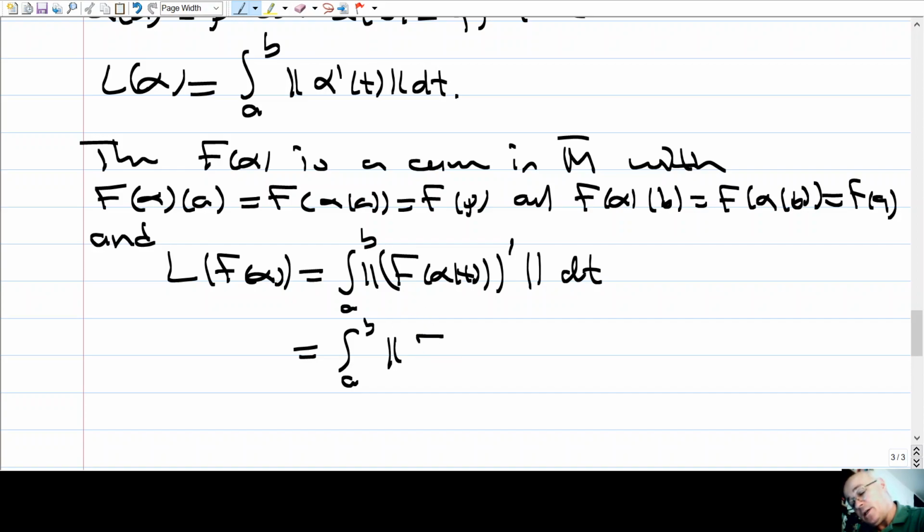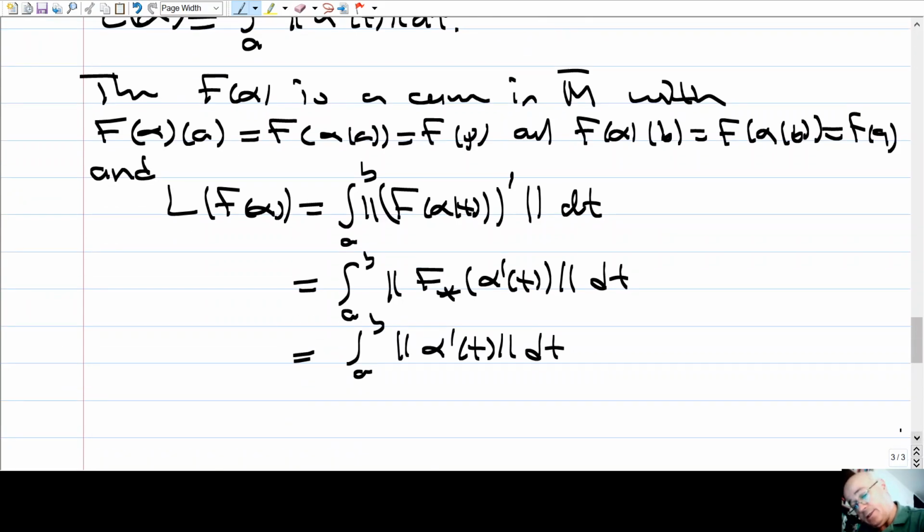Well, okay, so this is the integral of the norm of f prime applied to alpha prime t, dt, but f prime preserves the length, so this is the integral of the norm of alpha prime t dt, and this is just L of alpha.